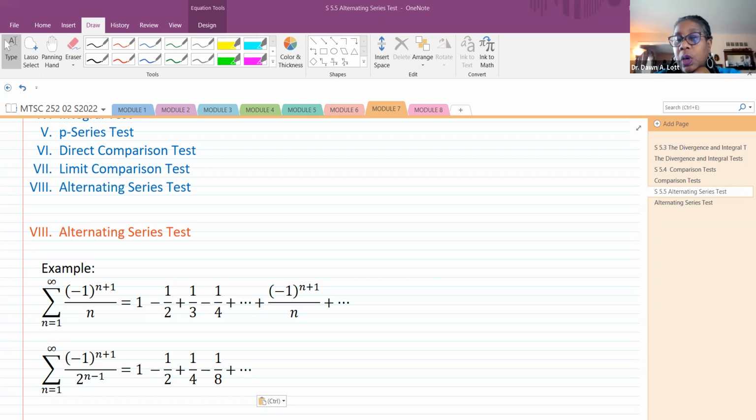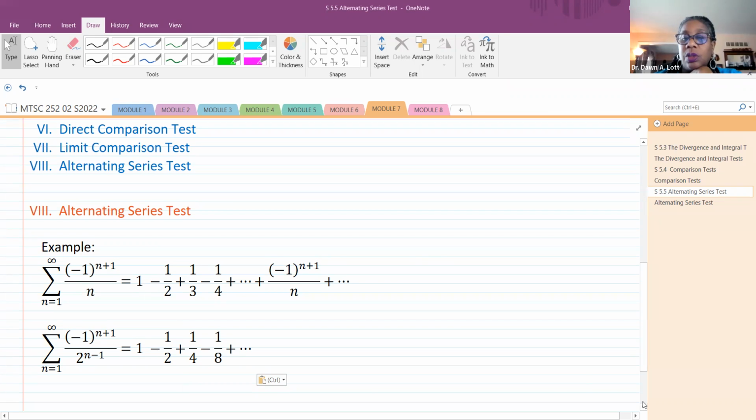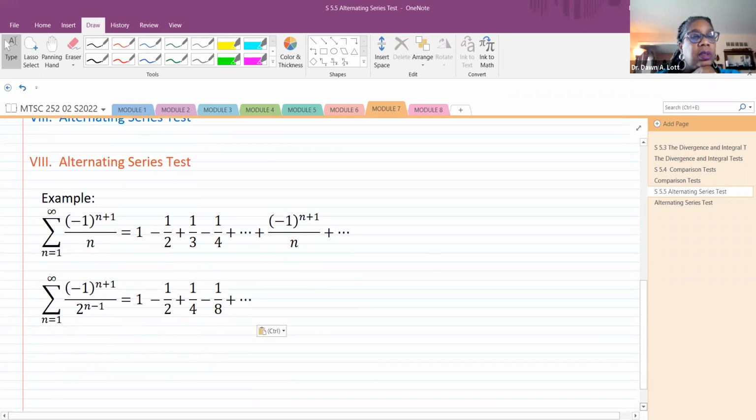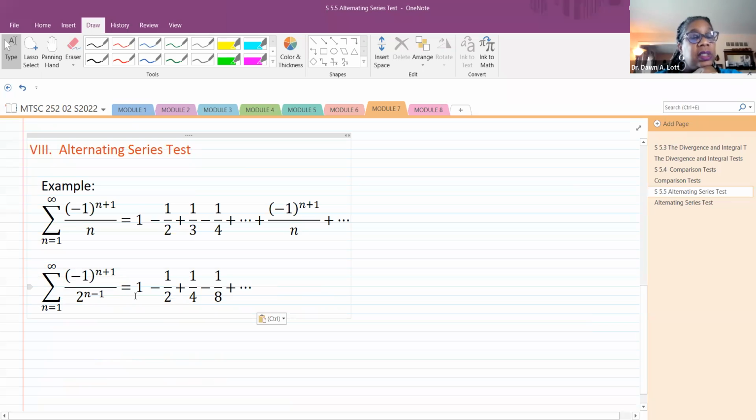And the next one, as you can see, is also an alternating series. It looks like 1 over 2 to the n, or it kind of looks like a geometric series, but it's got a -1 to the n plus 1 in it.